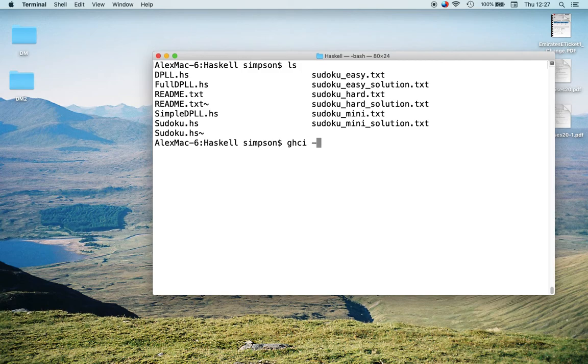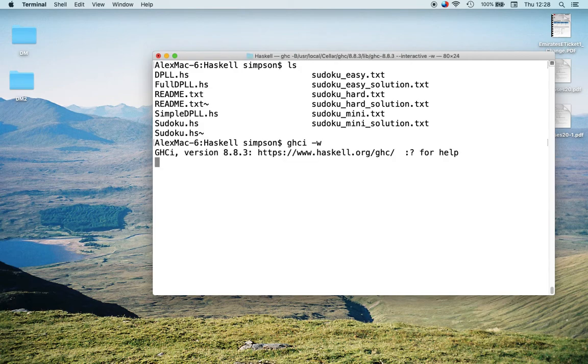I'm going to give an option that I don't want certain warnings, because Haskell is very fussy. In my program code, I put in some tabs instead of using multiple spaces, and Haskell will complain about that. It doesn't like tabs. It's not really important, but I don't want to see silly warnings about using tabs instead of spaces.